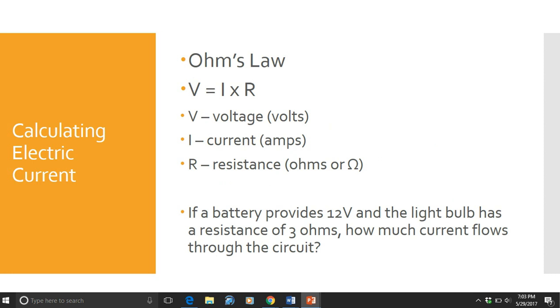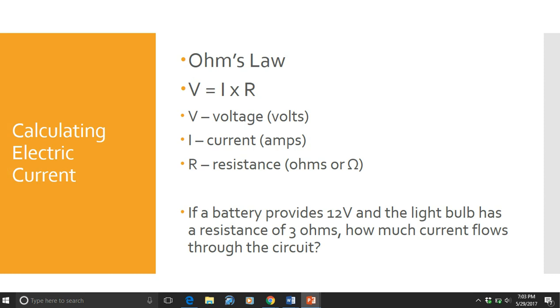Ohm's law is that voltage equals current times resistance. We can rearrange it, still Ohm's law. And we can do some practice. You generally all did quite well on this, unless you made some simple mathematical errors. But if a battery provides 12 volts and a light bulb has a resistance of 3 ohms, how much current flows through the circuit?